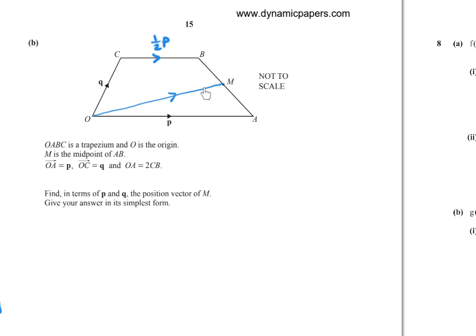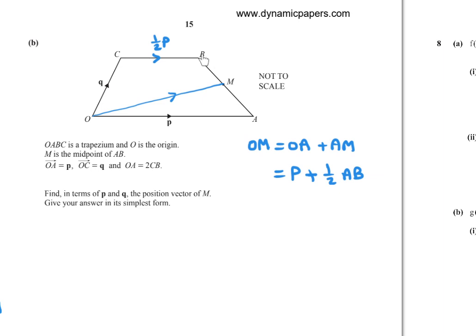Now to find OM, you can travel OC, then CB, then BM, or OA plus AM. So we can say that OM equals OA plus AM. OA is vector p. AM, because M is the midpoint, equals half AB. So this is half AB.